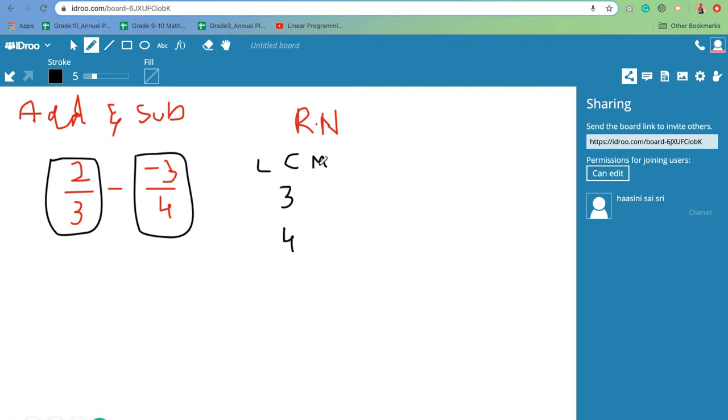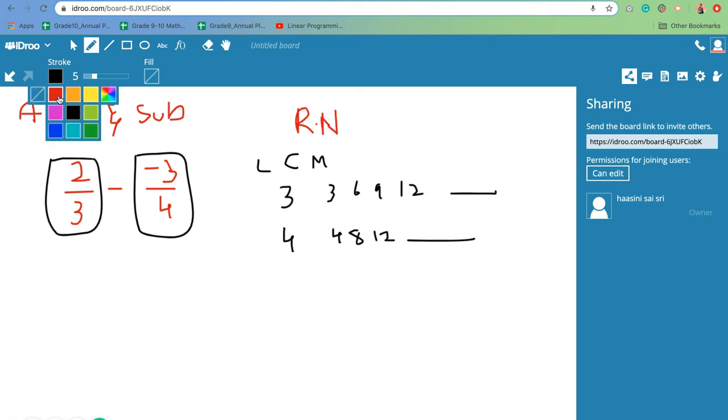Every time you're going to do this. So the multiples are 3, 6, 9, the same process, 12, and so on. And here the multiples are 4, 8, 12, and so on. I stopped because I already got a common multiple. So my common multiple is 12.